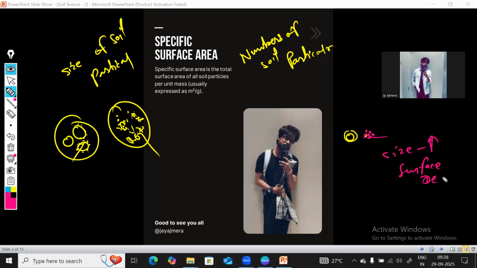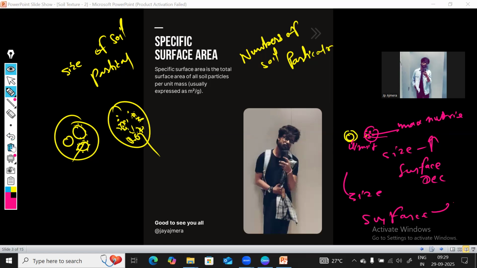It is because we can hold a limited amount in a large particle, but in that same area we can hold the maximum amount of movement. So if size is small, then surface area is larger, which helps us hold the maximum movement.